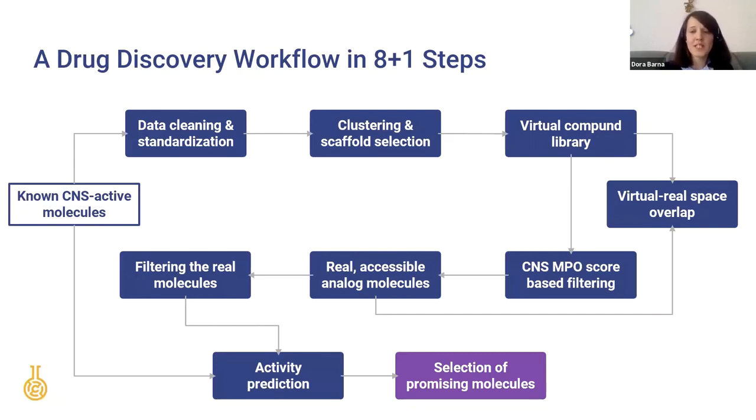So after this switch from virtual to real and accessible compounds, we will perform a similar physicochemical property-based filtering on the accessible compound set. And for this as well, we are going to use the so-called CNS-MPO score function to select those real analog compounds that have the best physicochemical properties that fall within the desirable property space.